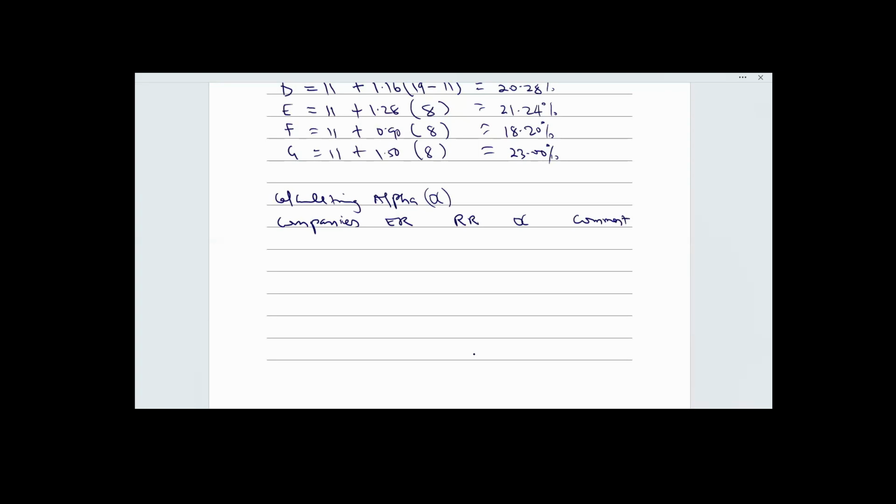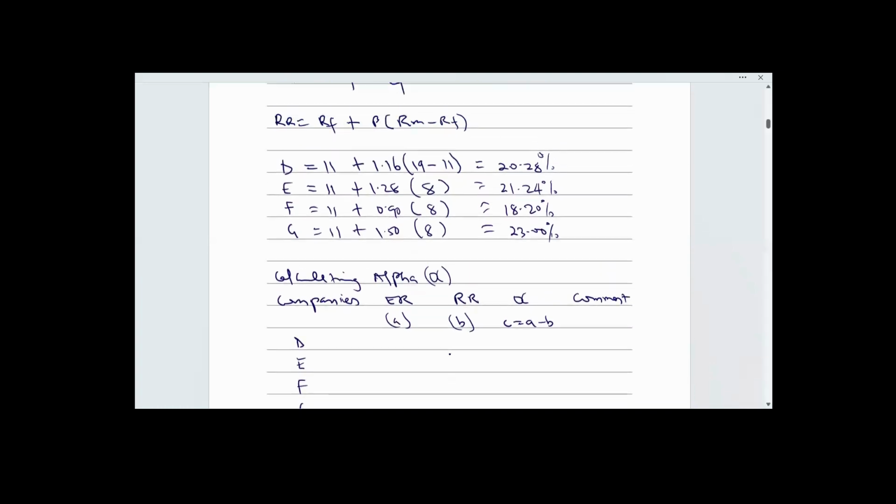So I have security, this is A, this is B, then C equals A minus B. Then security D, E, F, then G.